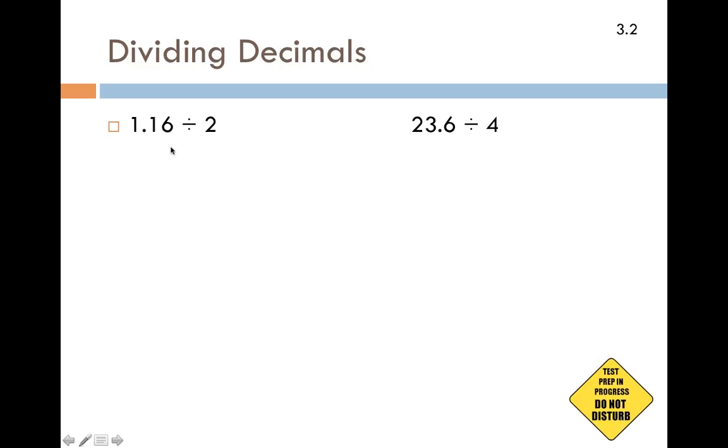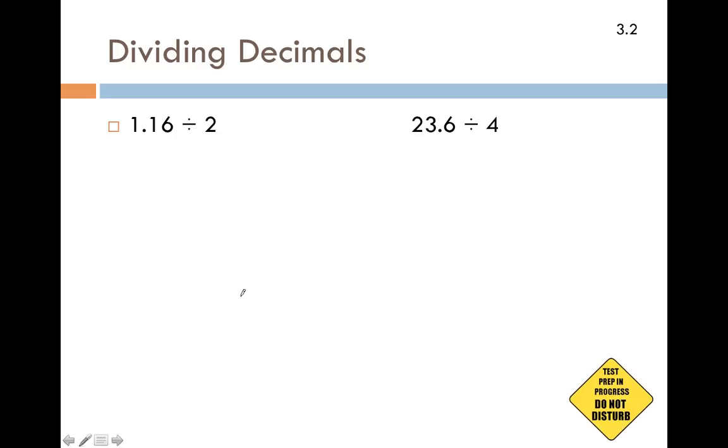So here we've got 1.16 divided by 2, and then we've got 23.6 divided by 4. Now, we've got some rules we have to remember. There are 4 components to a division problem.